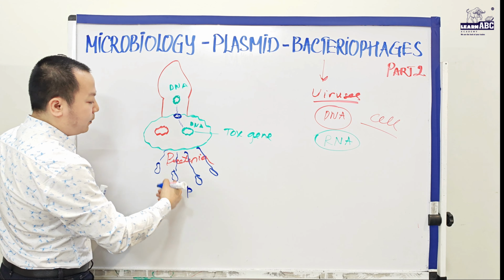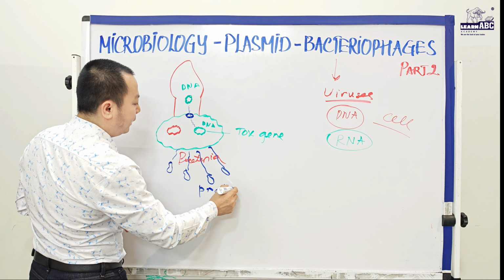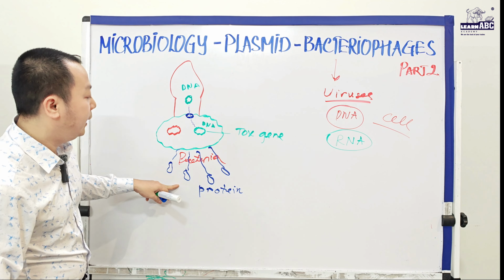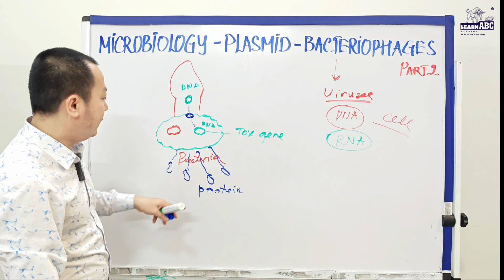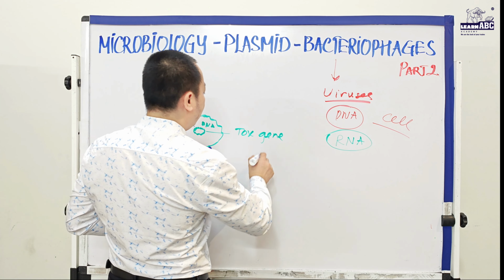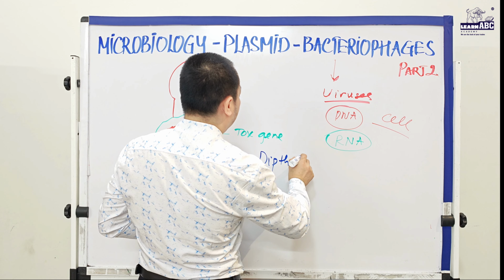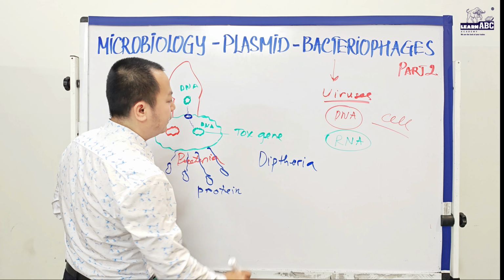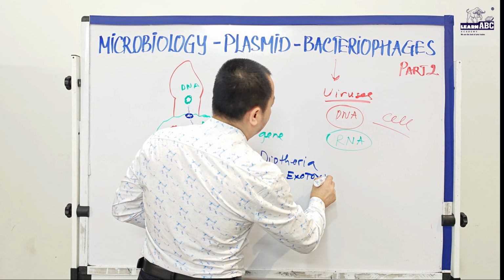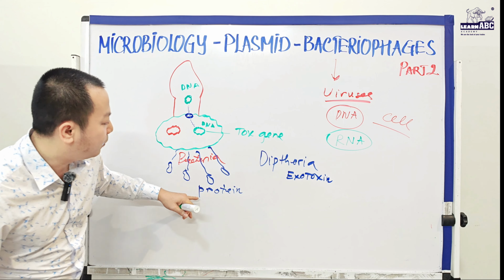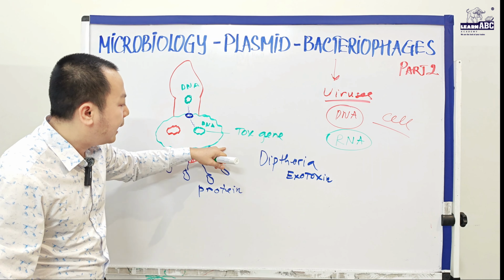This is a special type of protein, and this protein is an agent that produces disease. This protein we call diphtheria exotoxin, and this toxin can produce disease.